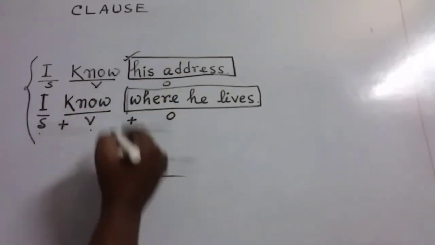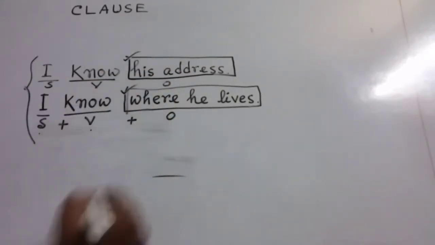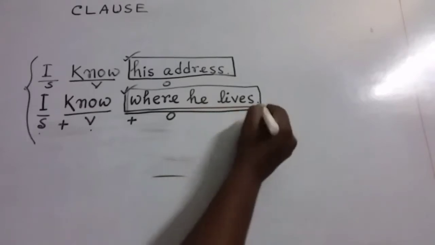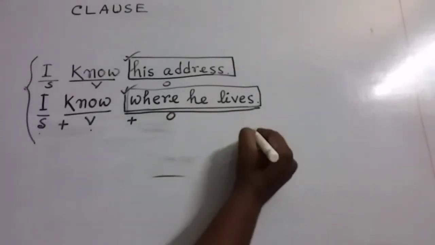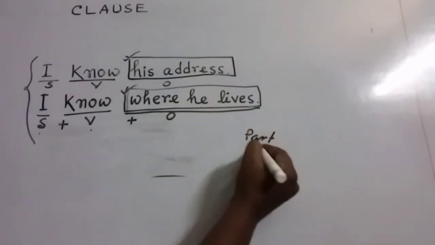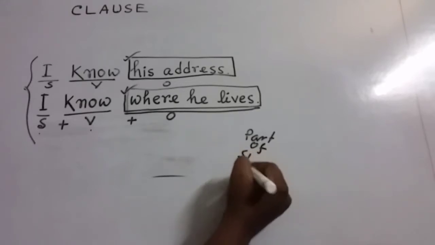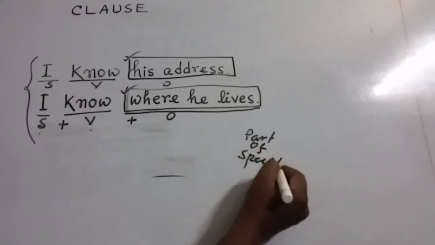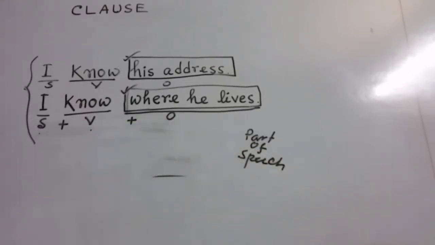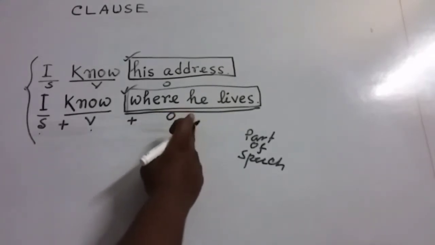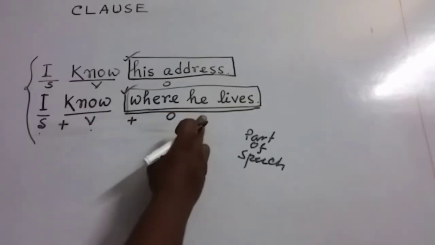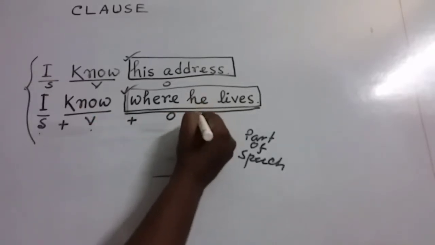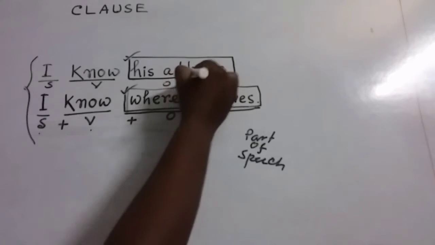This one is a group of words and this is also a group of words, and this entire group of words is jointly working as a part of speech of the sentence. My dear friends, as it is an object, obviously it has to be a noun or pronoun. This is also the same, but it's not a pronoun, so obviously it's a noun. It is also a noun.